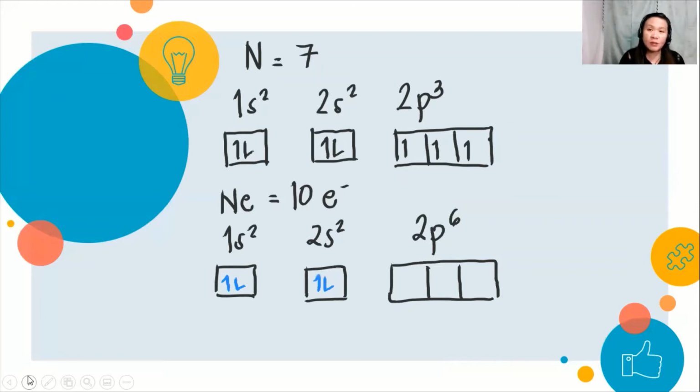Again, with the empty bus seat rule, or Hund's rule, we fill up all of the boxes first before we pair them. So 4, 5, and 6. That's how we write the electron configuration and orbital diagram for nitrogen and neon.